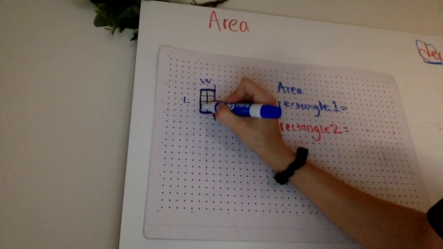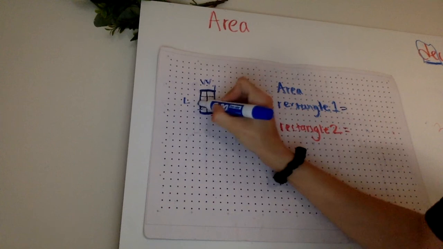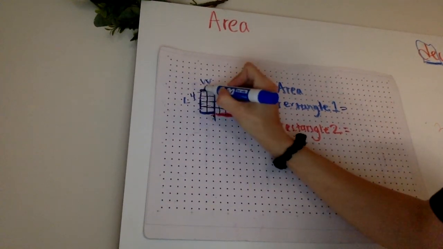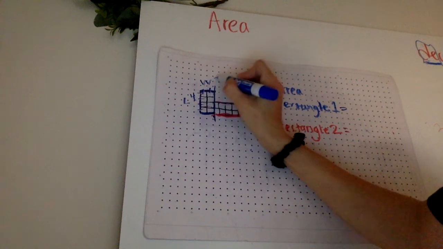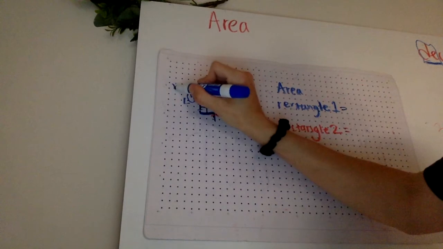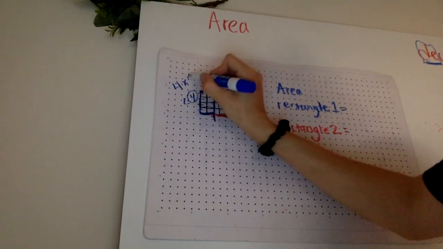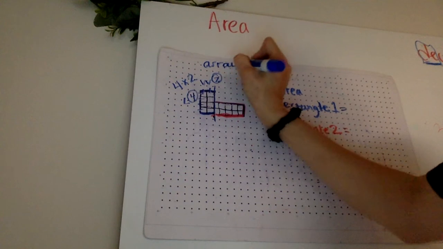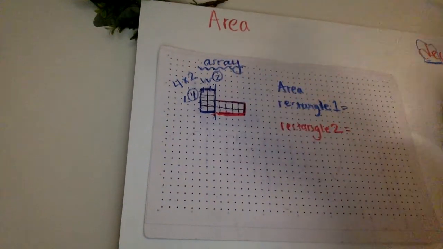Now I'm going to count my squares. 1, 2, 3, 4. And let's count our squares up top. 1, 2. 4 rows of 2. 4 times 2. This looks a little bit familiar. Wink, wink.